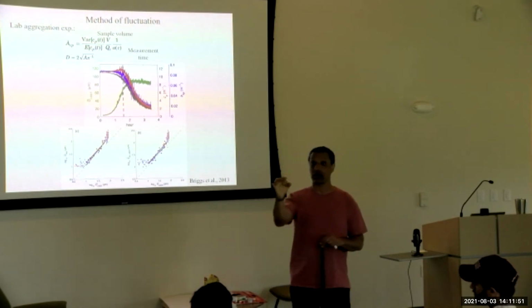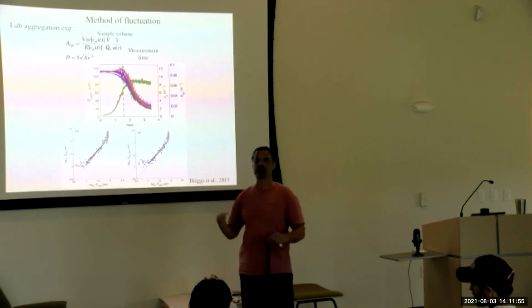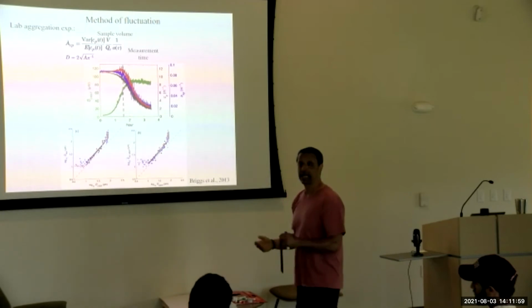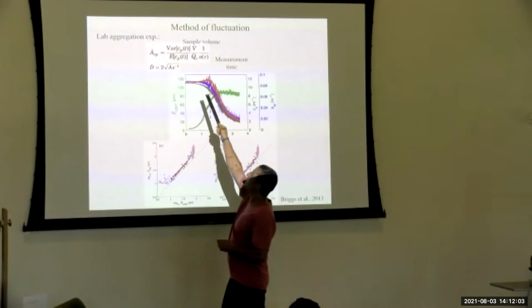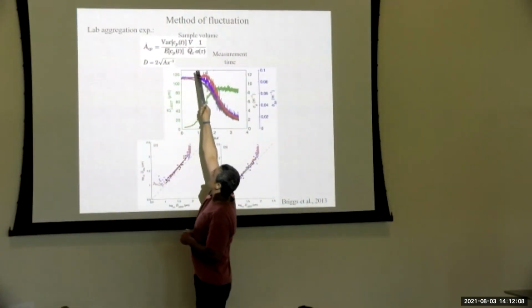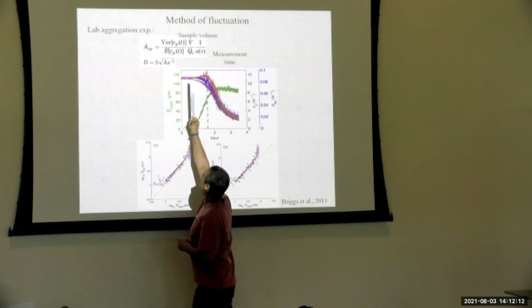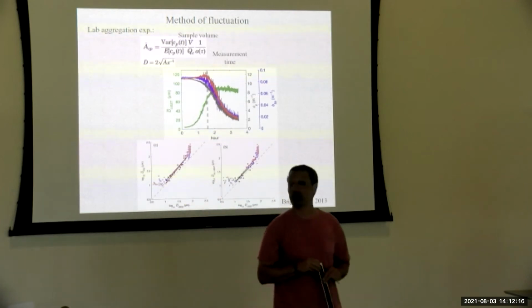When you have very large particles, what you mostly see is their cross-section flying through your beam of beam attenuation or absorption or backscatter. And it turns out you can use the variance to mean ratio. The variance to mean ratio, you have the sample volume there, you have the measurement time, which is alpha time, and you have this QC, which is this efficiency factor we don't need here.